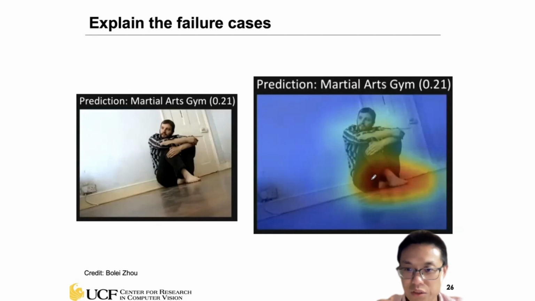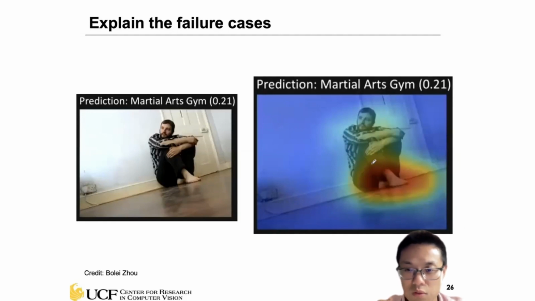This kind of explanation may also help us, right? How can we improve the model? Maybe the model here is learning some biased information, or maybe this example is too complex or too difficult. So we can actually design some mechanism, trying to correct or debias the model.